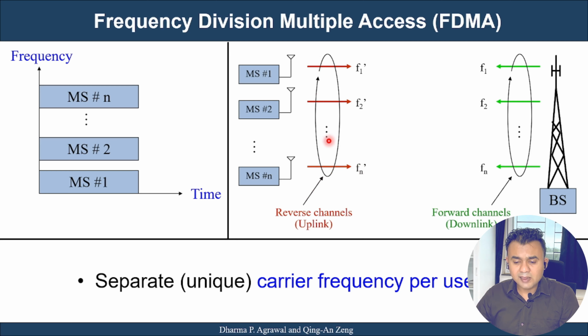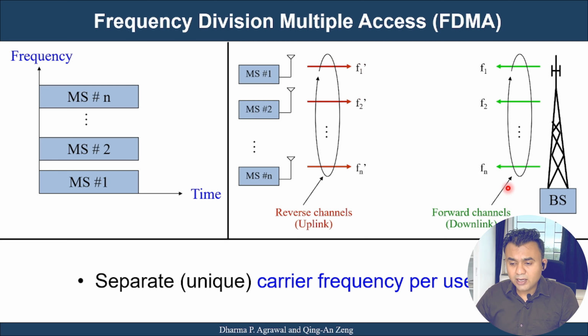And these are in the reverse direction or uplink direction, which means traffic is forwarded from mobile station to the base station on the dedicated channels, which are f1 dash for MS1, f2 dash for MS2, and so on.